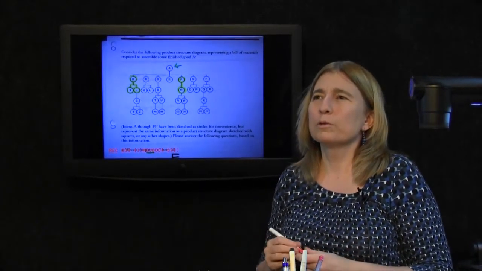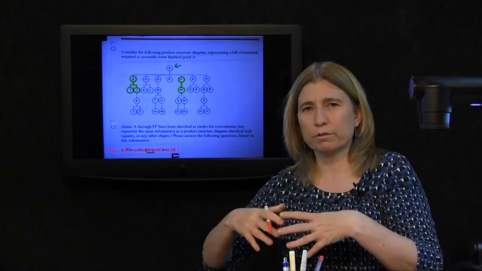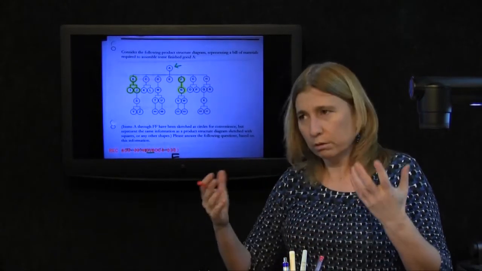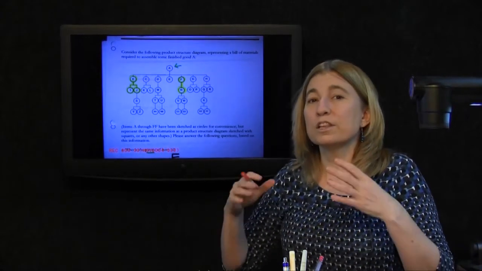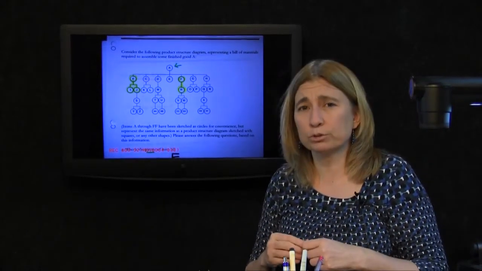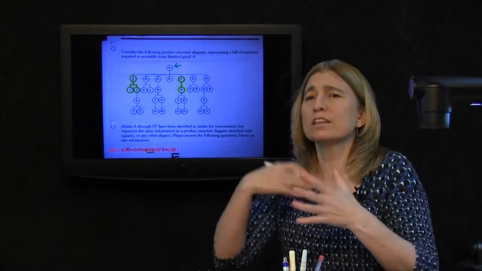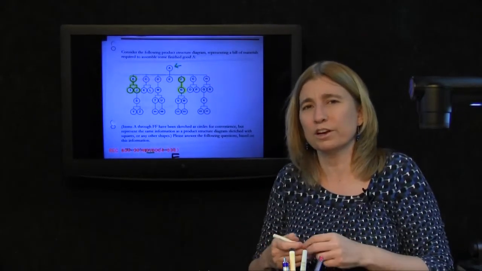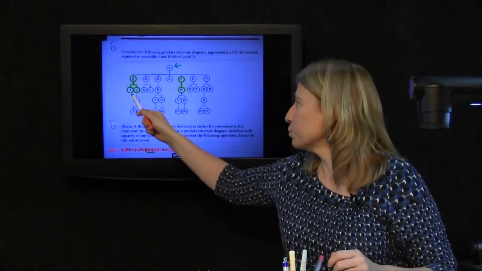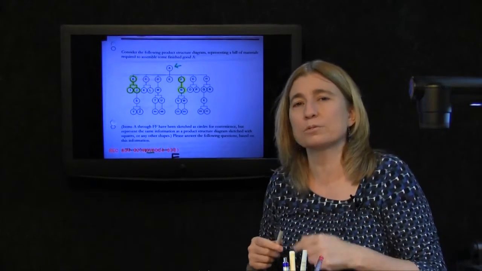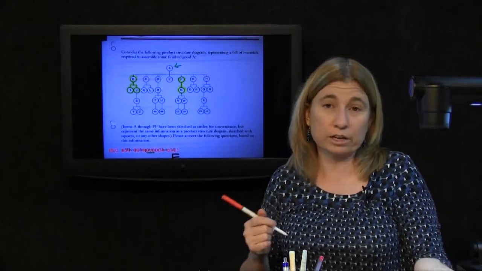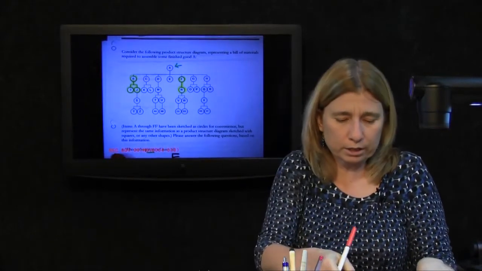We remember that raw material items are things that you bring in from the outside, the stuff that you start with, which means that they won't have any children. There can't be anything that goes into them because we're bringing it in from the outside. So we have to find all the items on this diagram that don't have children. There are quite a few of them, but we'll just tally them.